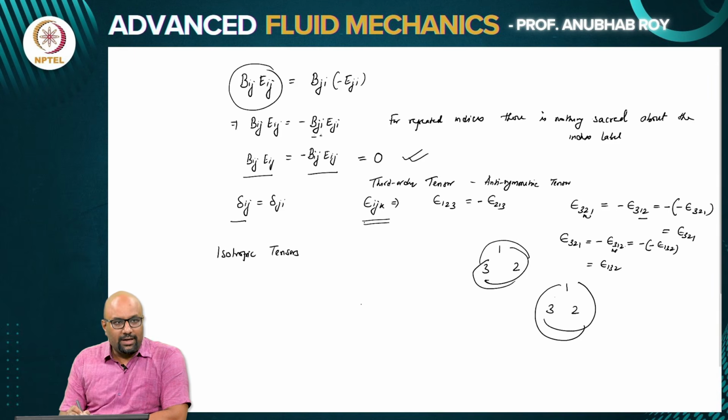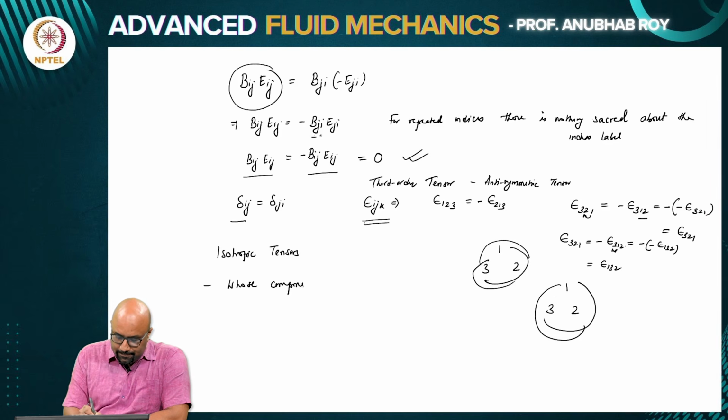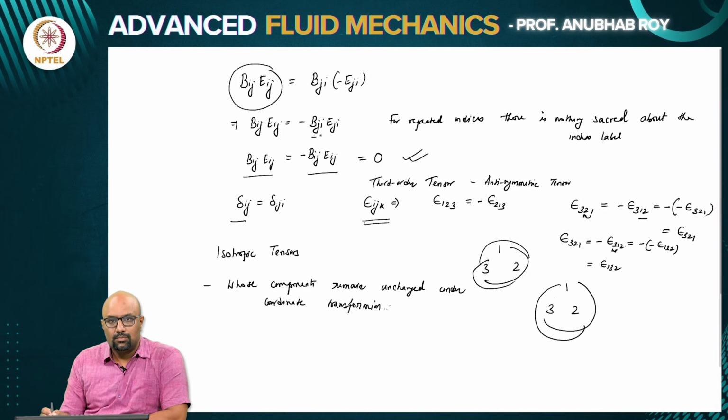So, isotropic tensors would be tensors whose components remain unchanged under coordinate transformation. So, you do a coordinate transformation and you ask the question, would the components change?